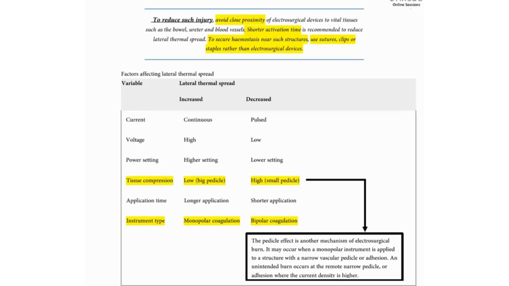If I'm doing high tissue compression over my vascular pedicle or adhesion, I'm sealing the pedicle. So, of course, the thermal spread will be low. You got this point?